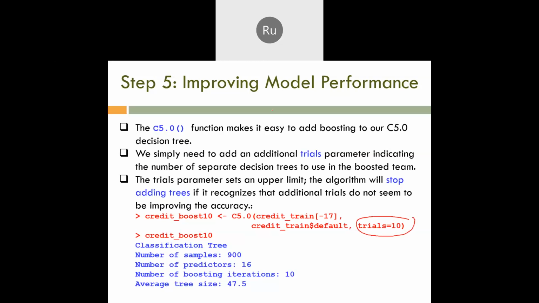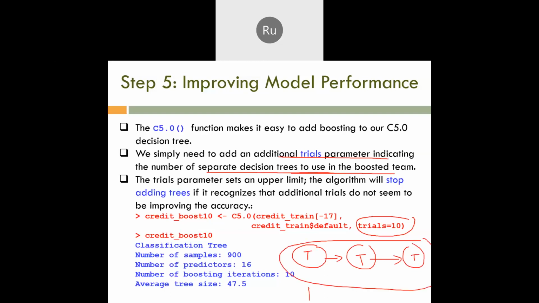We simply need to add an additional trial parameter indicating the number of separate decision trees to use in the boosted team. So we have 3 here, and then we pass another 3 here and 3 here. Altogether this becomes a random forest, because it is a collection of decision trees. This number tells you how many trees you will be training, and then keep improving.